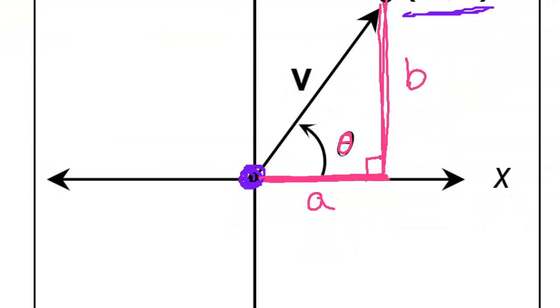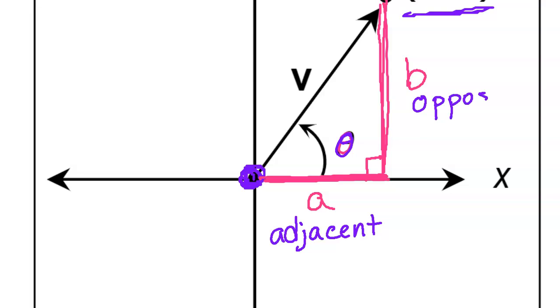How can we find our theta? What is this a length to theta? It's the blank side. Adjacent side. What is the b length to theta? The opposite.